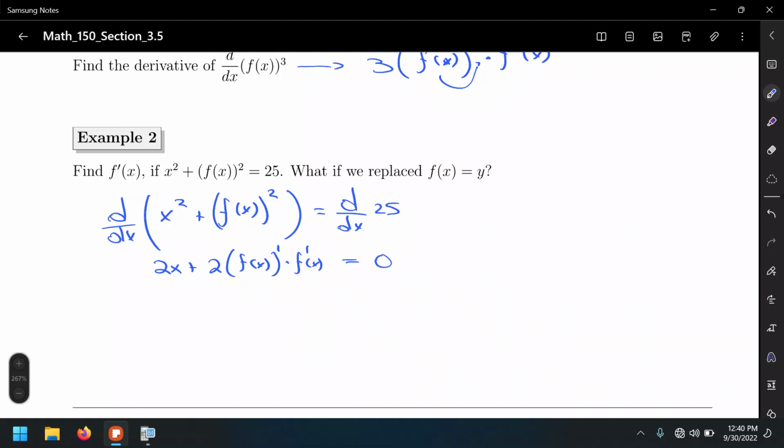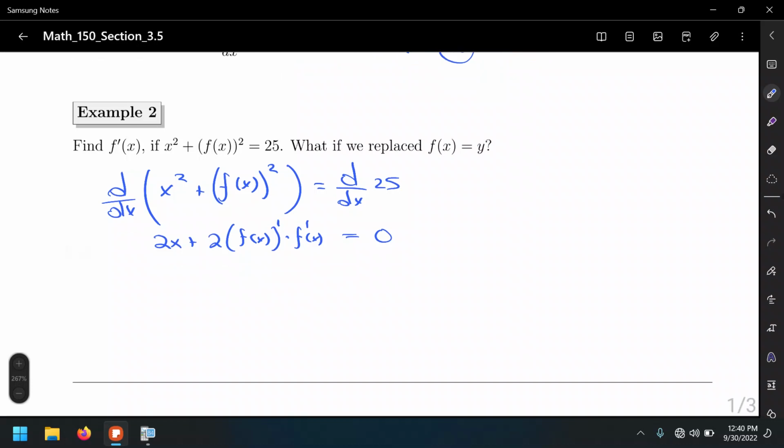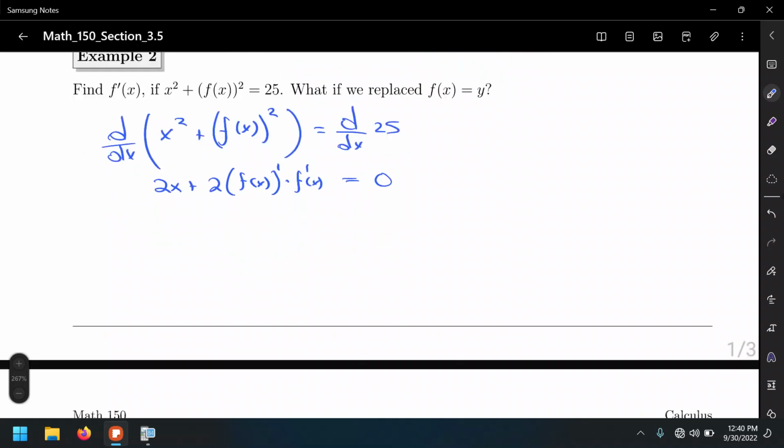All right. So our goal is to find an expression for f prime, because again, f prime is the derivative, and the derivative means slope, and we want to use this expression to find the slope, in this case of the circle that we had at the beginning in the example. So let's solve this equation for f prime of x.